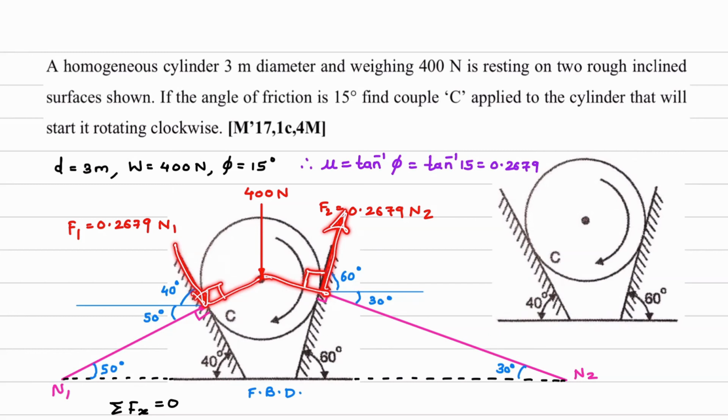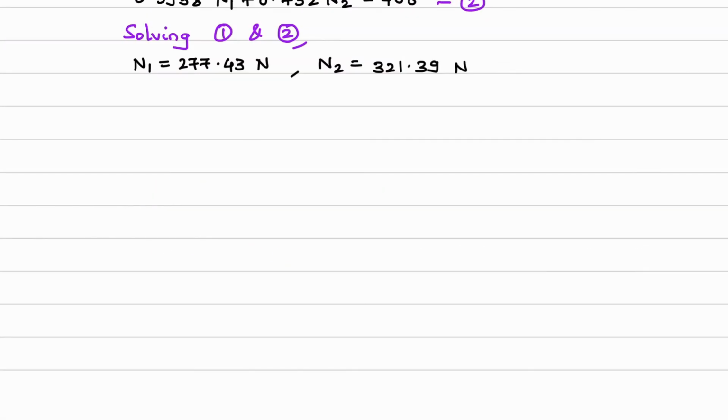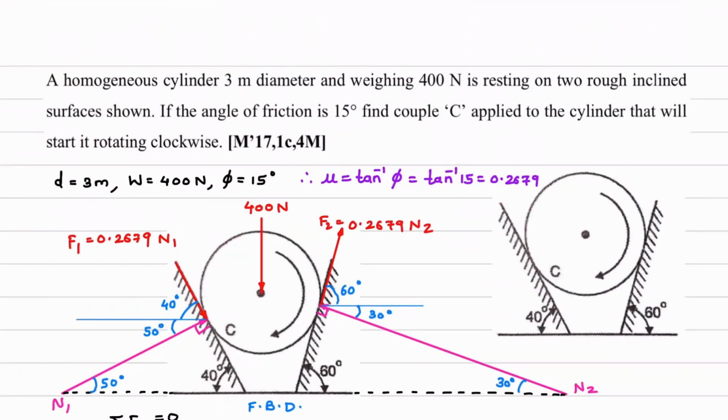Okay, so F1 value is 0.2679 N1 we have already calculated, and F2 value is 0.2679 N2 value we have already calculated. So I'll write down C is equal to F1 into R plus F2 into R. Now in question, diameter is given as 3 meter, so radius will be 1.5 meter.